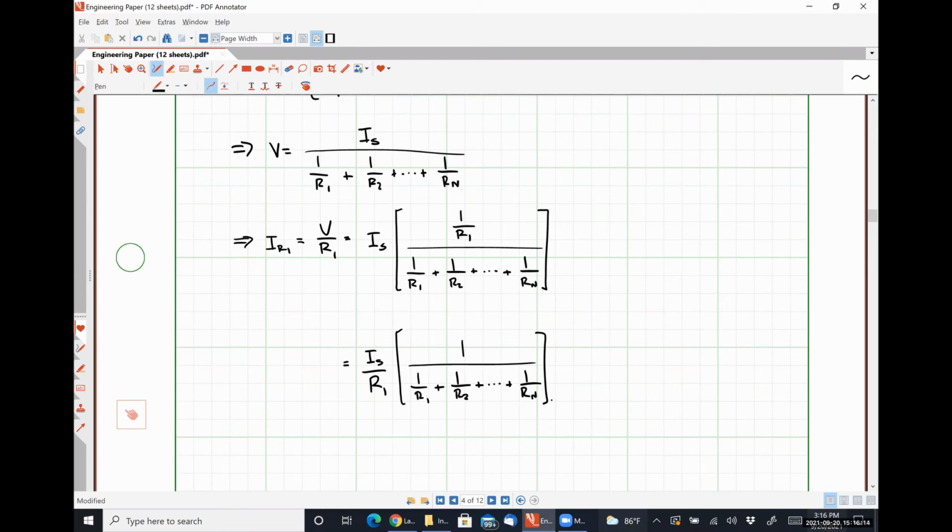What does everything that I have in the square braces represent? The equivalent resistance of all of those resistors connected in parallel. So this really simplifies down to IS times REQ,P, the equivalent parallel resistance, divided by the resistance of the resistor that I'm interested in. So it's almost identical to our voltage source definition, except that the equivalent resistance is in the numerator when we're doing current division, and it's in the denominator when we're doing voltage division.